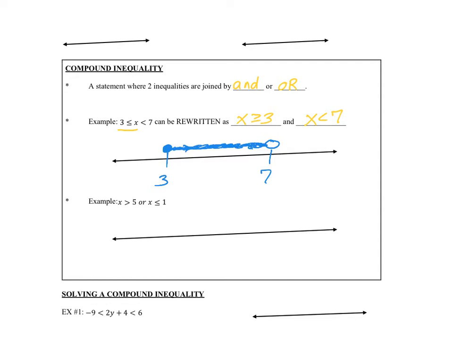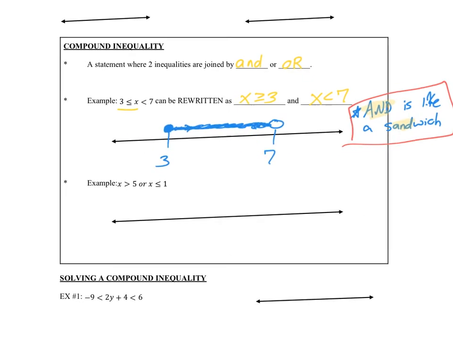And a little comment we can make here is that "and" is like a sandwich, because they go towards each other and it's going to be shaded in between there.